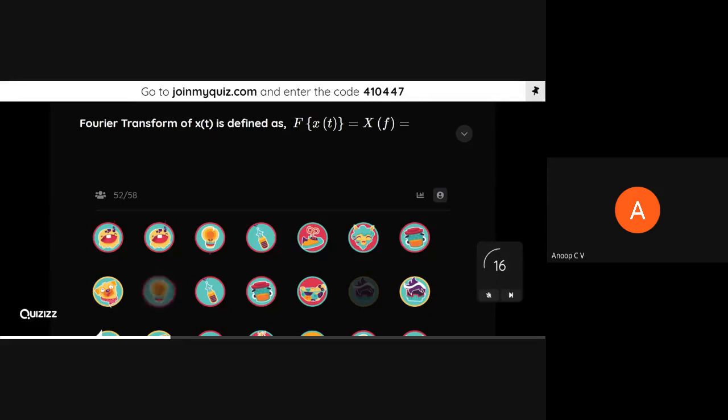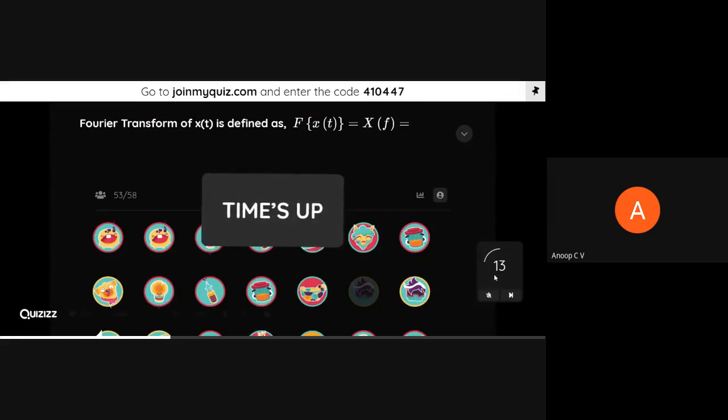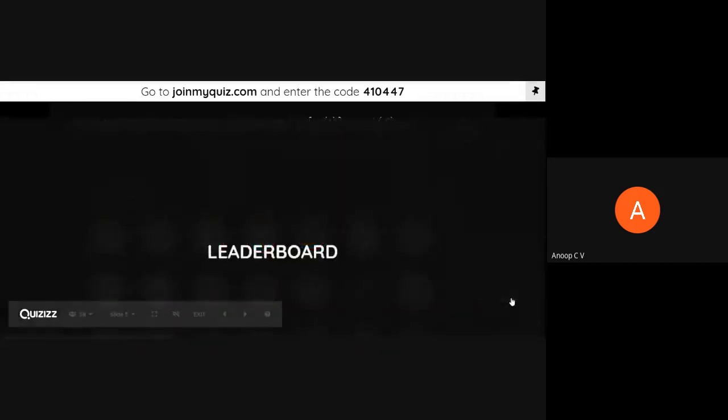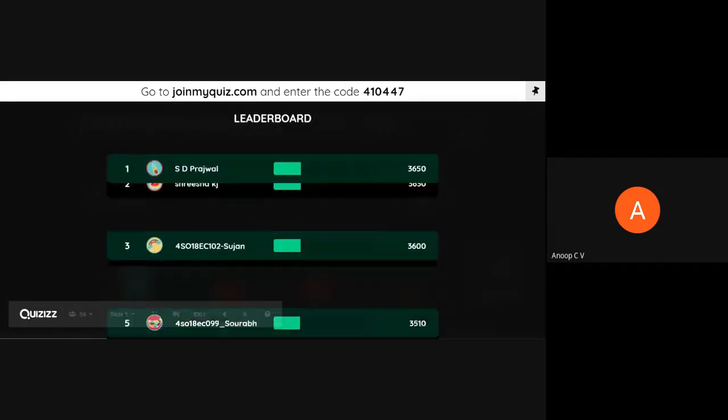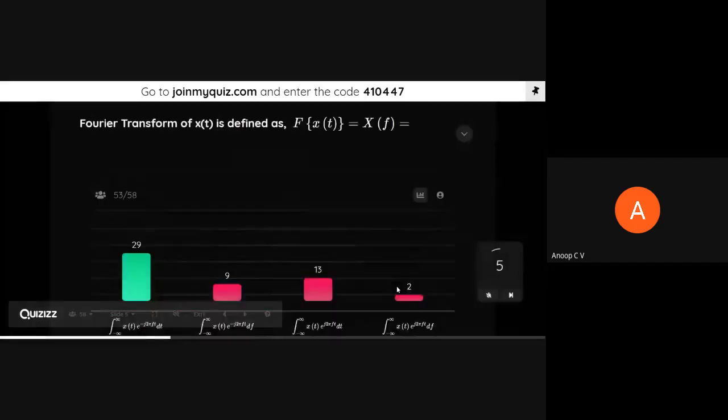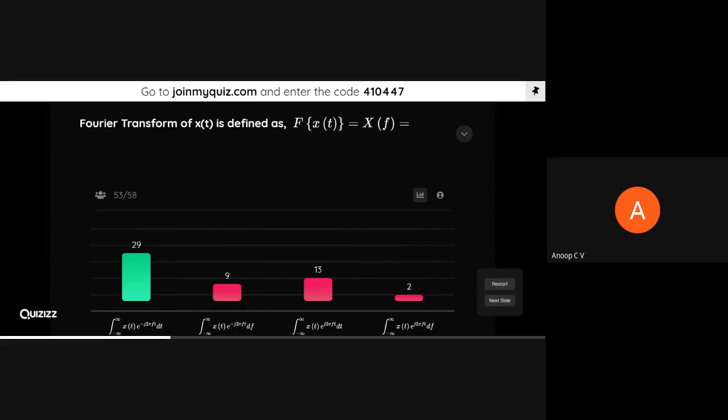Already 51, 52 have answered. Okay, fine. Time is up. I think most of you have given the correct answer to this question. So the correct answer is x of t into e power minus j 2 pi f t dt.